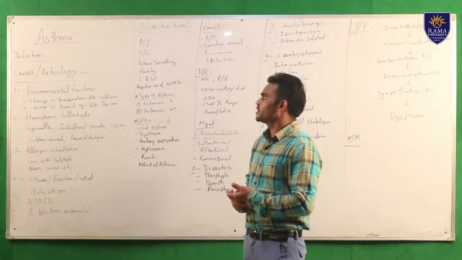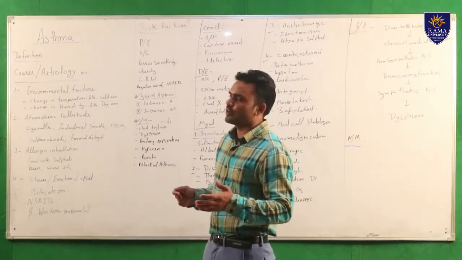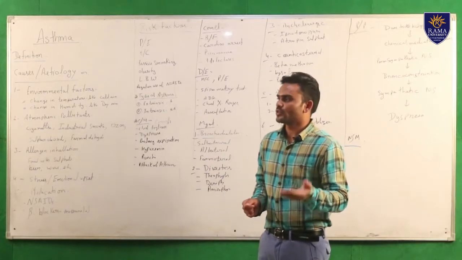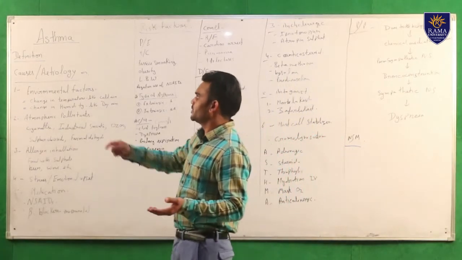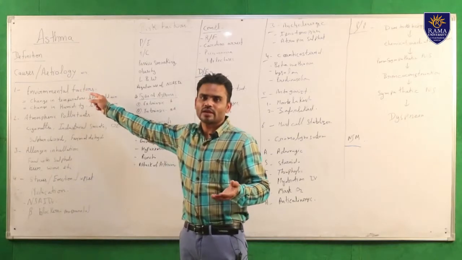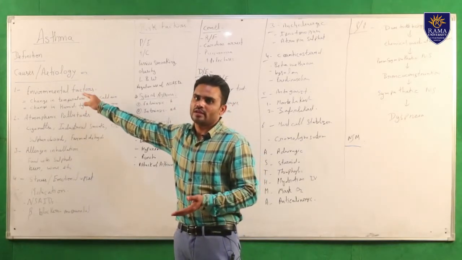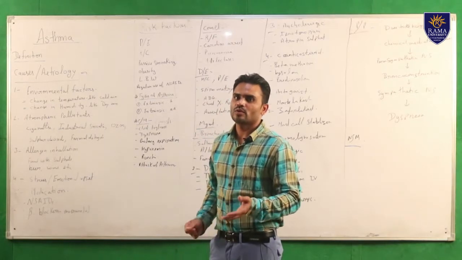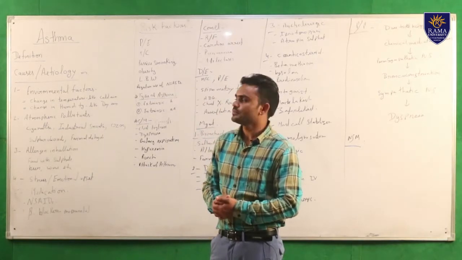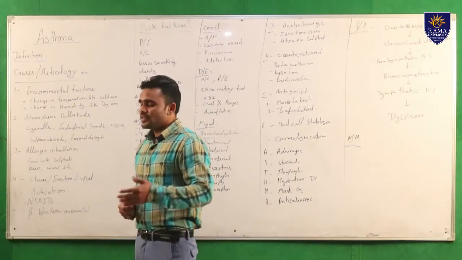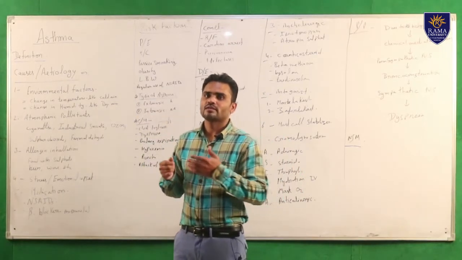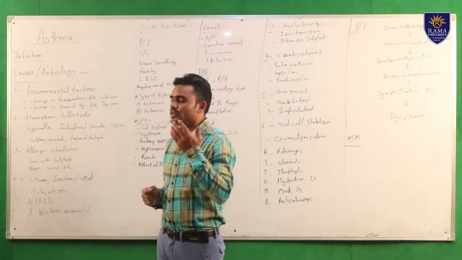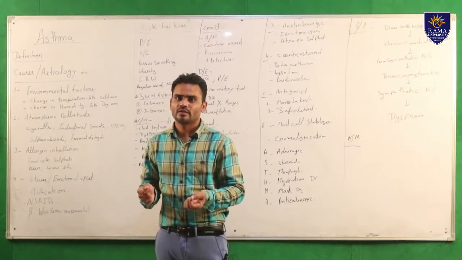So, there are some etiological factors and causes for asthma. First of all, environmental factors are also responsible for asthma: change in temperature, for example cold air, and change in humidity like dry air.